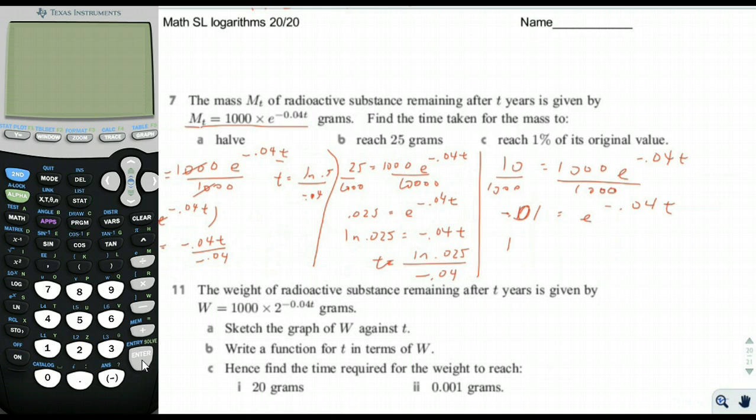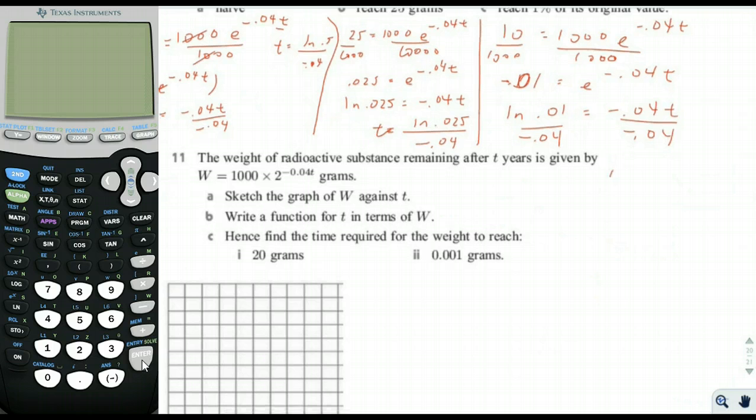Natural log of both sides, you get natural log of 0.01 equals negative 0.04 t. Remember, natural log and e undo each other. Divide both sides by negative 0.04. And then you end up with t equals natural log of 0.01 divided by negative 0.04.